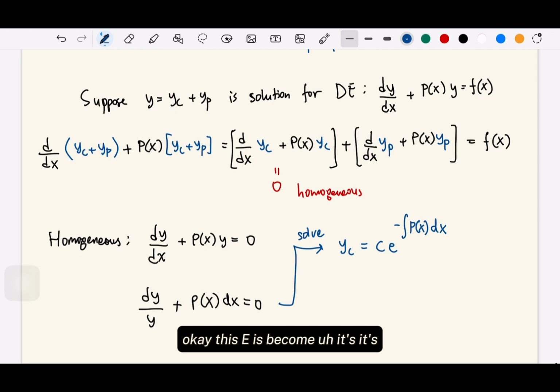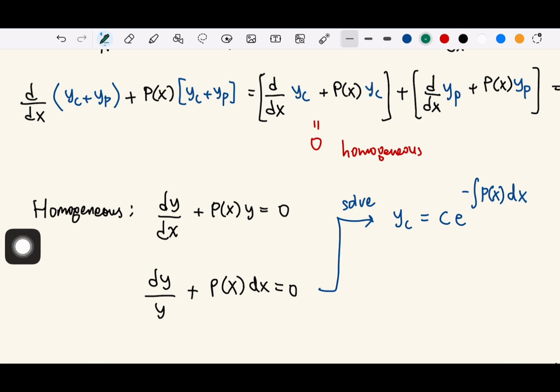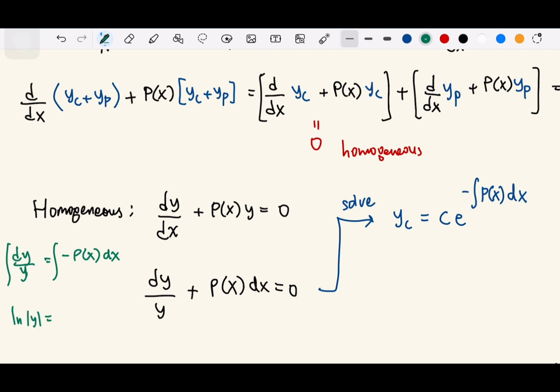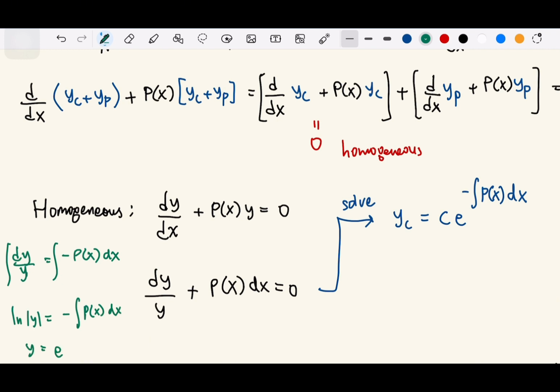This e is coming from the ln, right? 1 over y. You could take the separable equation, and then take the integral. This will be ln y, and this will be the integral, and then y is e to the power.